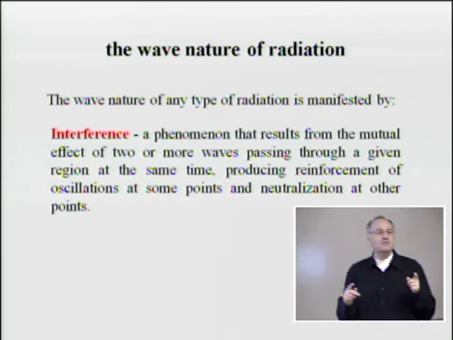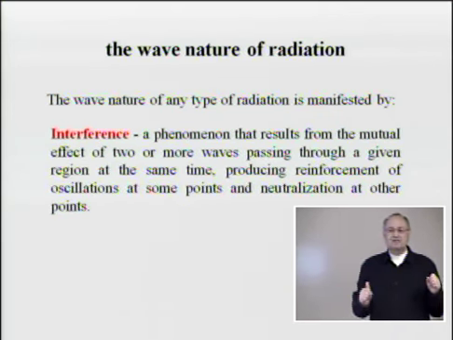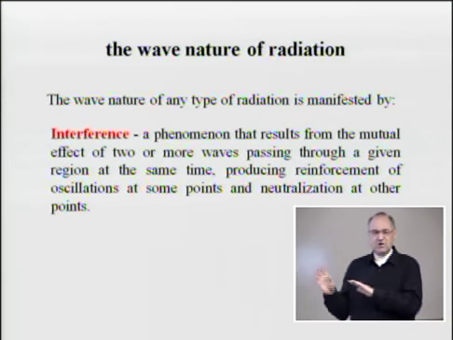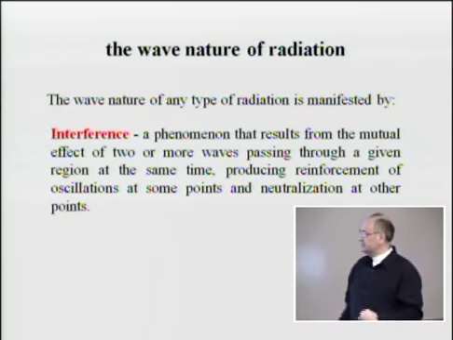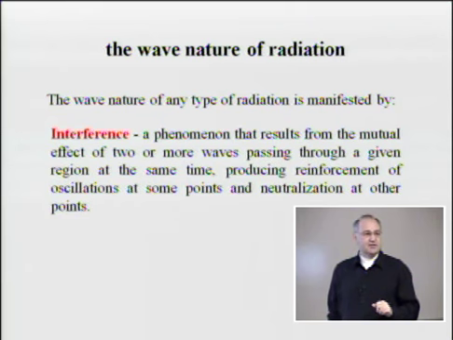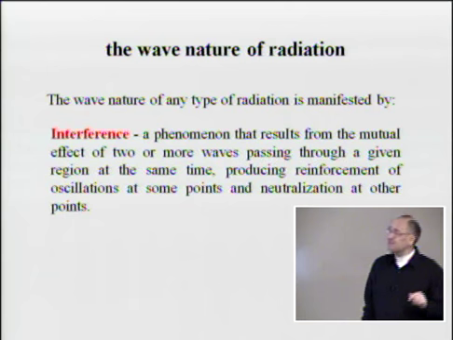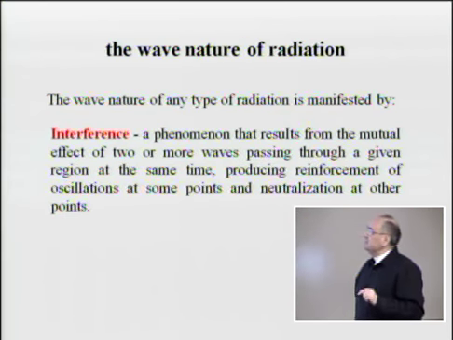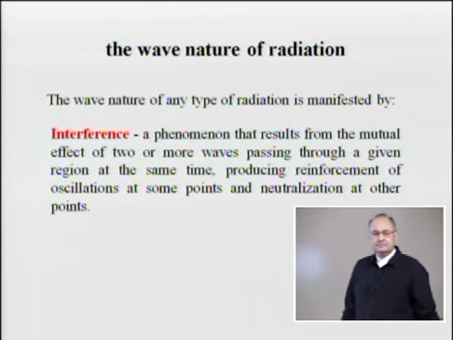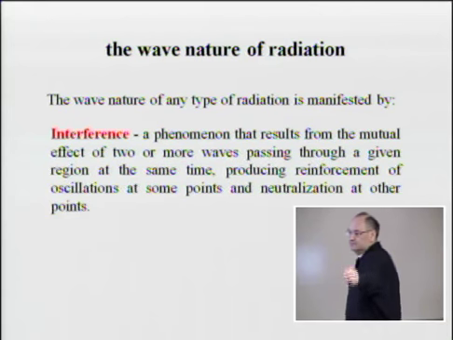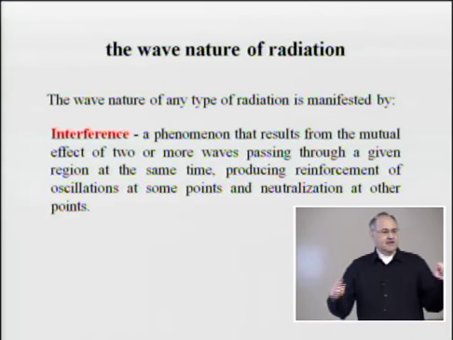Maybe for tomorrow I will bring a mechanical model of a wave, so that we can see it. So interference is one of the phenomena which is associated with the wave character of a certain beam.